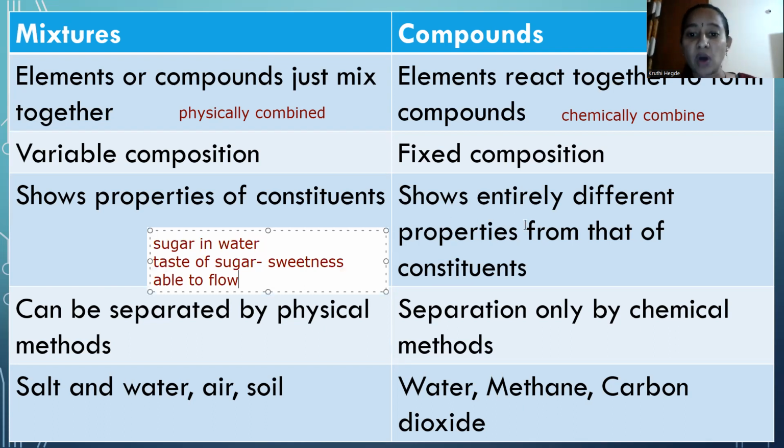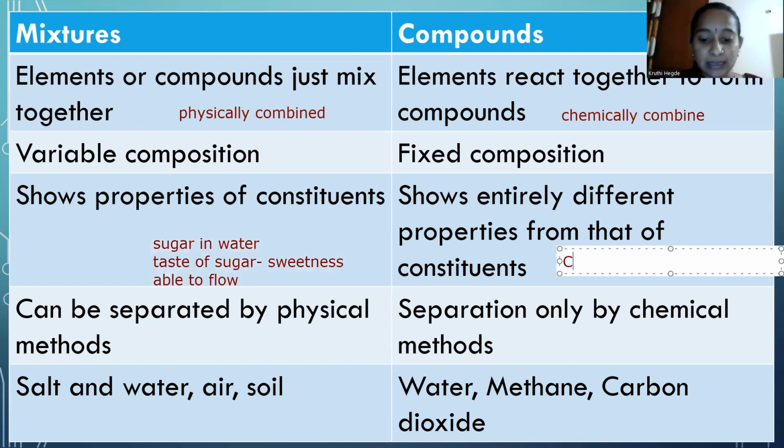Whereas compounds show entirely different properties from those of their constituents. For example, let us take carbon dioxide. It contains carbon and oxygen. Oxygen is a supporter of combustion, or burning.